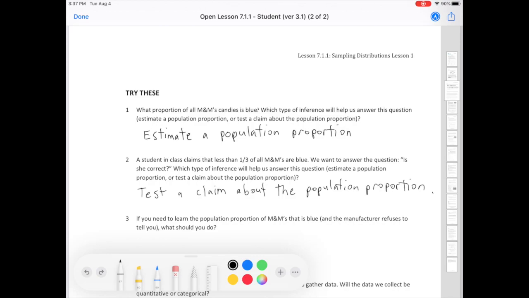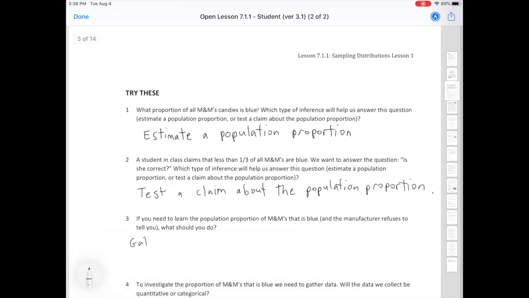So what would we do? What we could do is maybe buy a random bag of M&Ms and see how many blues are inside of it, and that could help us calculate a proportion. Now, of course, we don't expect this to equal the exact answer, but it's at least something. So let's write this down.